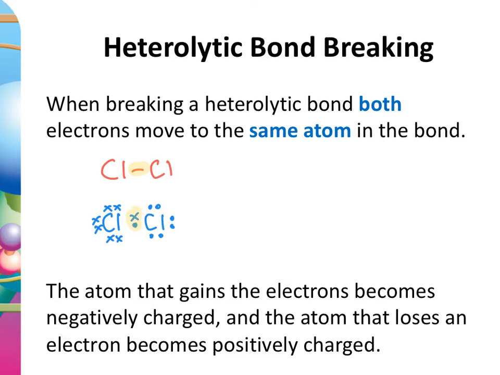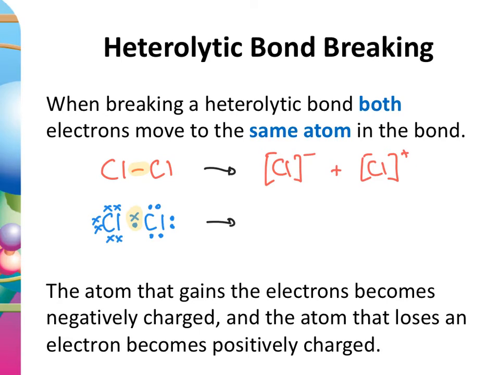Now we're going to examine that bond breaking heterolytically. So we're going to have a product, and what heterolytic bond breaking tells us is that the electrons move onto the same atom. So we are going to end up with a negatively charged chlorine ion and a positively charged one. So why has that happened? It'll be clear if we look at our dot and cross diagrams.